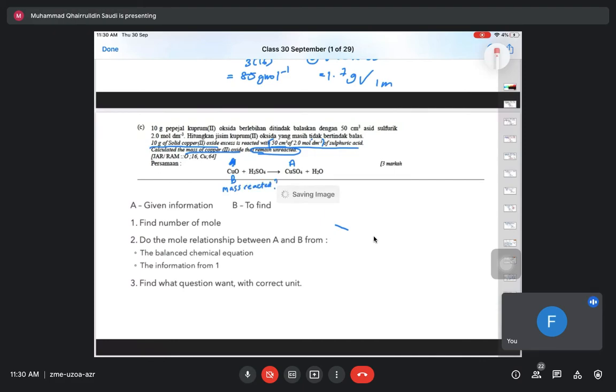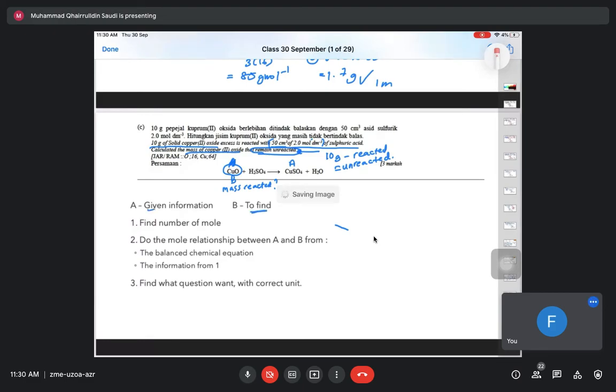Sebab kita nak dapat mass yang remain unreacted, meaning 10 gram minus reacted. Dapatlah unreacted. Boleh faham kat sini? Boleh. Okay, sebab tu copper oxide ni adalah B, bukan A. Okay, sebab kita nak cari B.